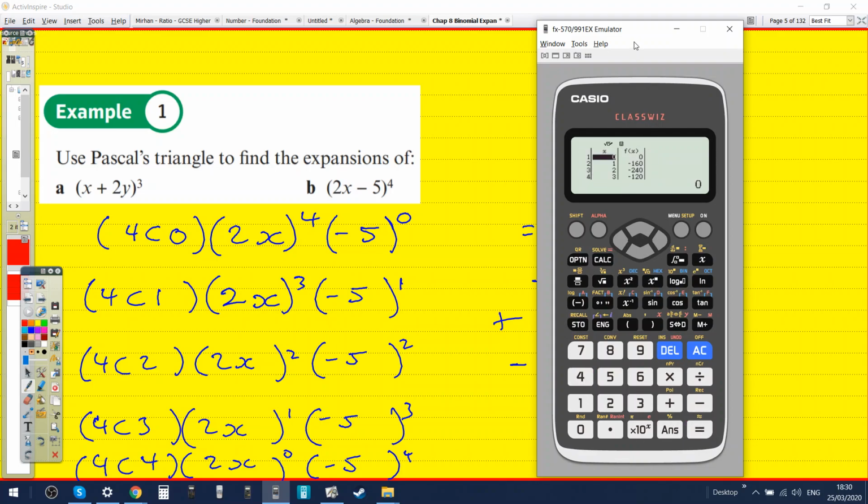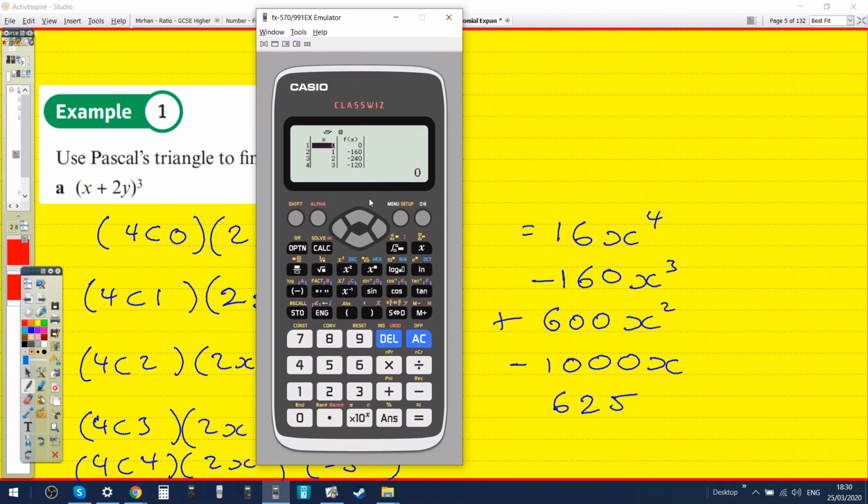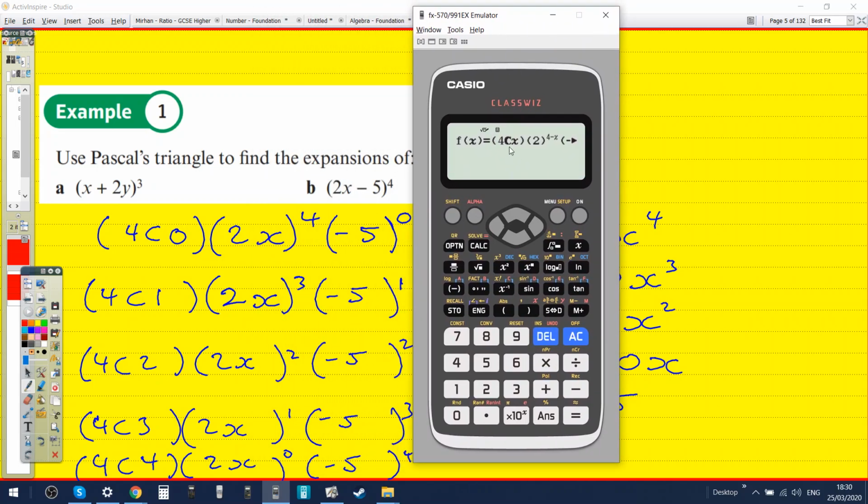Press equals. Hey, is that totally wrong? Oh, I forgot all my powers. That's why. No, I didn't. Hang on. What did I get wrong here? That is 4 choose 0. That is 2 to the power of 4. And that is minus 5. Oh, because that is not to the power of x. 16, minus 160, 600, minus 1000, and 625.